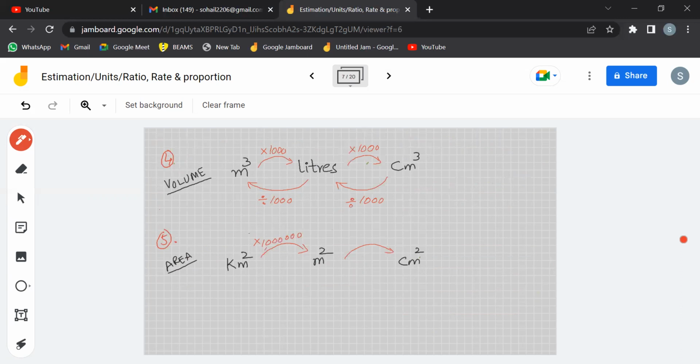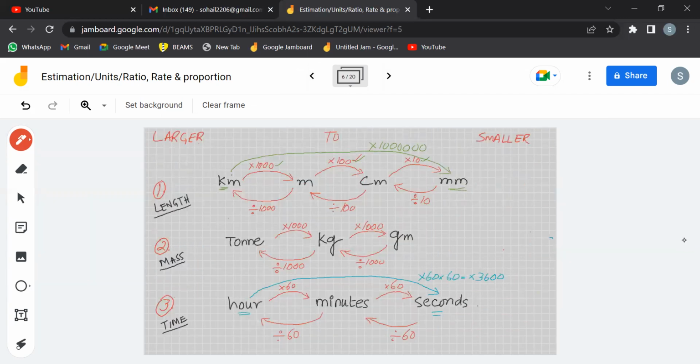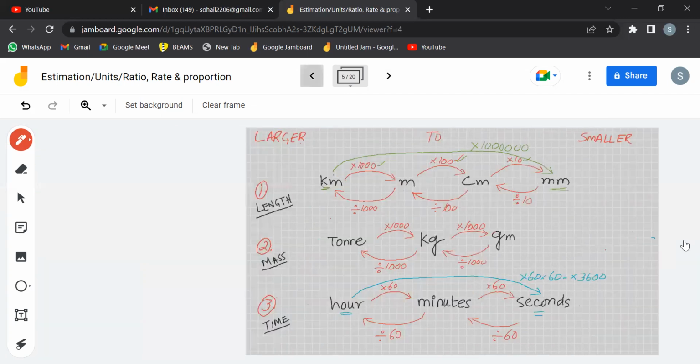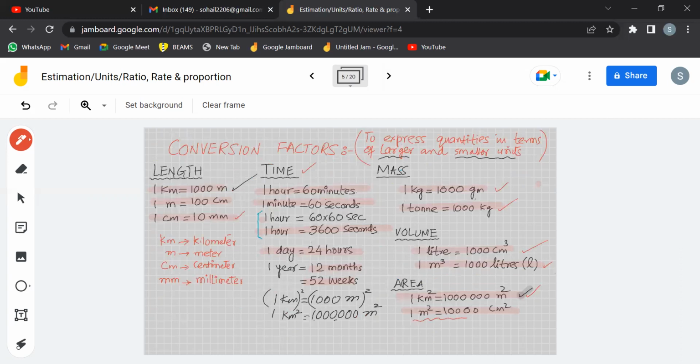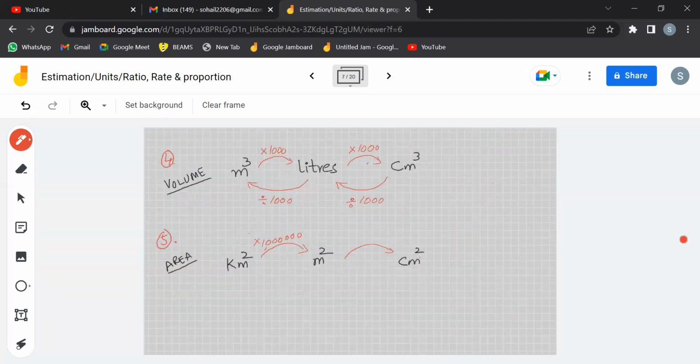And from meter square to centimeter square, here are the factors. 1 meter square is equal to 10,000 centimeters square, so you multiply by 10,000, and in reverse, you divide by 10,000, and you divide by 1 million.